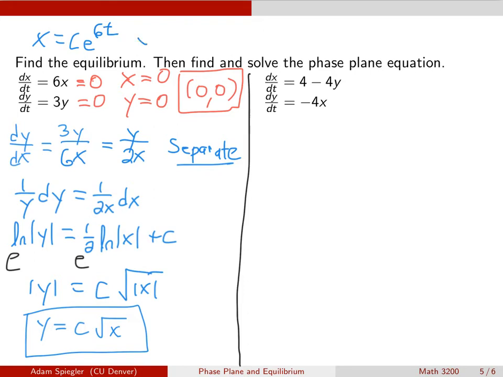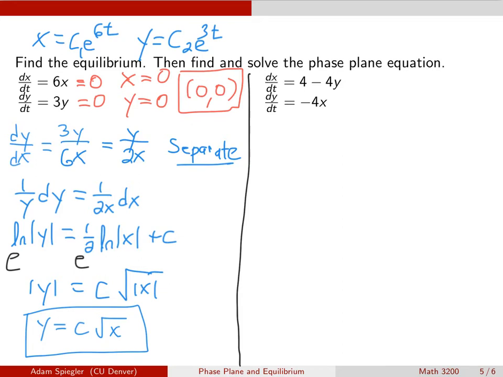And solving for y would give me y is equal to some other constant, I'll call that c2, times e to the 3t. And so that's why we can see that y is actually equal to the square root of x, and they might differ by some constant multiple. But this example is special in that we really had two separate differential equations.